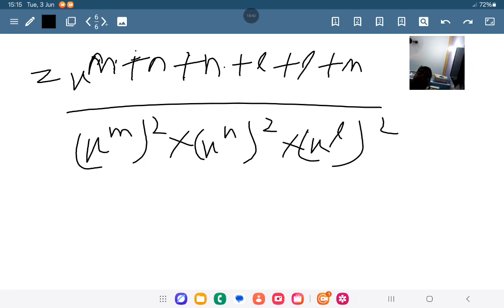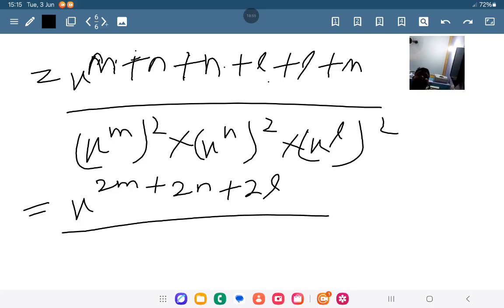Now it will be x to the power m plus m, which is 2m, plus n plus n, 2n, plus l plus l, 2l, divided by x to the power 2m into x to the power 2n into x to the power 2l.